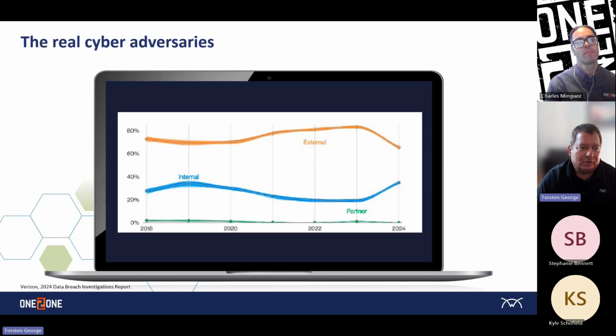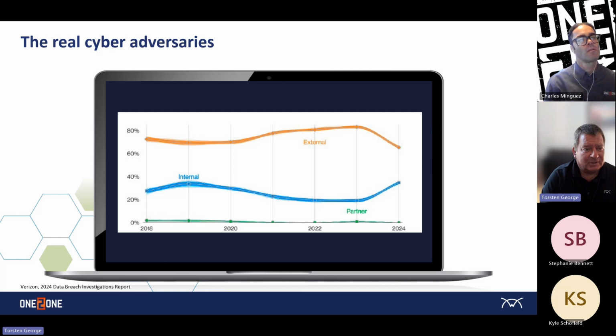And quite frankly, when you look at who the real adversaries are, 65% of attacks are driven by external adversaries, predominantly cyber criminals. These are not state-sponsored attackers. State-sponsored attackers make up about 2 to 4% of all of the attacks.